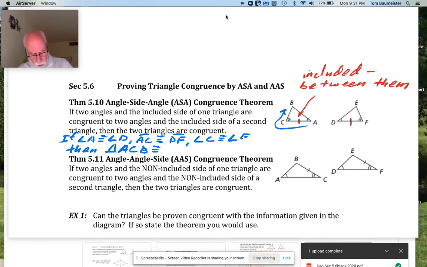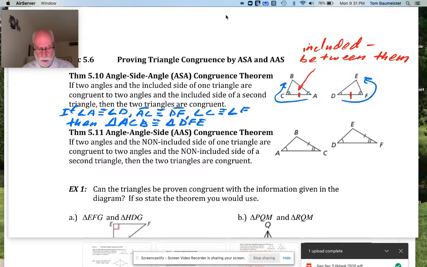So for it to be congruent, you'll have to do the same thing: go from the one marked 1 through the side to the other one. So it is congruent to triangle DFE, right?